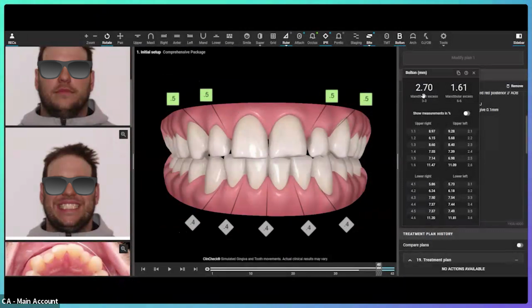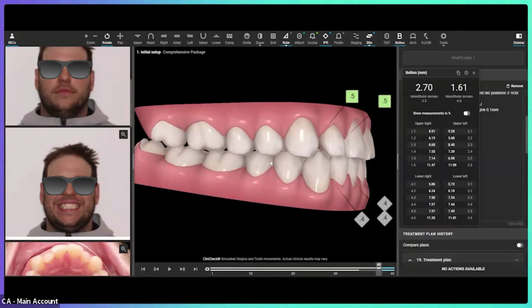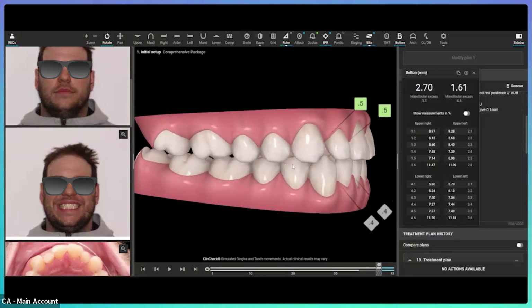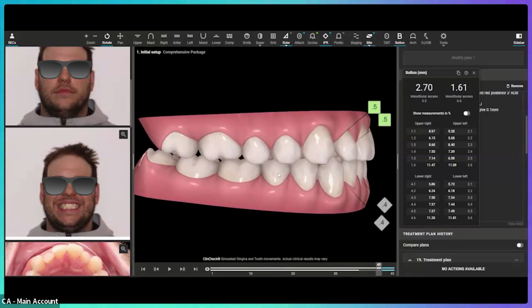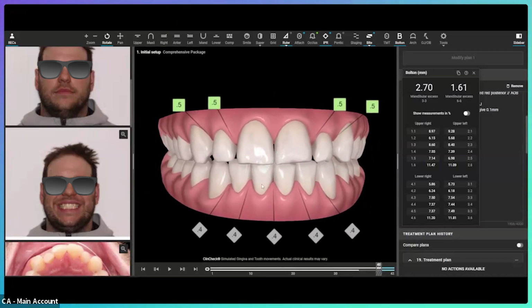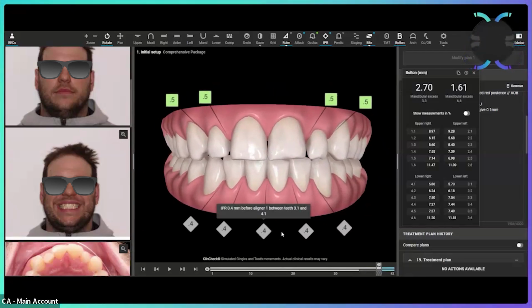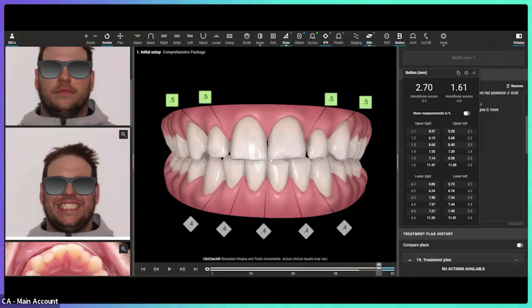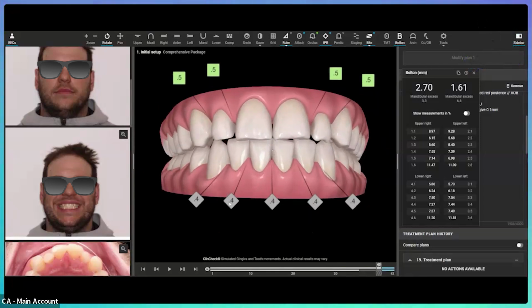So we're actually doing more correction on the lower. And the reason why we're doing more correction on the lower is because the patient is actually slightly class 3, right? We're compensating. If we wanted to just compensate for the Bolton alone, we would have just done 0.7 millimeters. We would have done like 2 of these 0.4s, right? That would have been 0.8 millimeters. That would have been the balance. But we're worried still about not having enough overjet. So that's why we did a little bit more IPR.